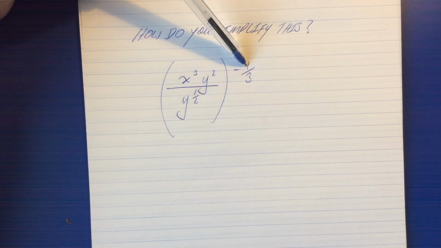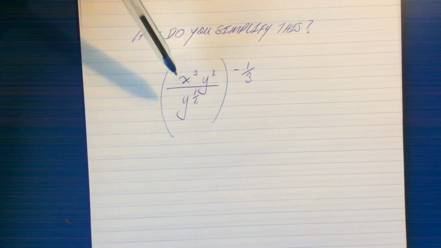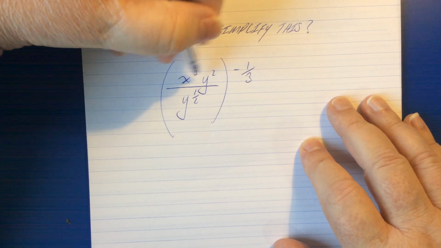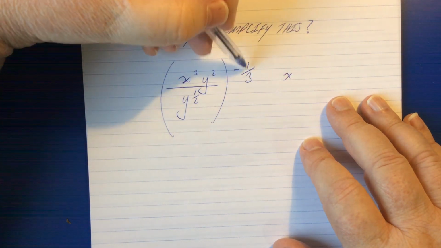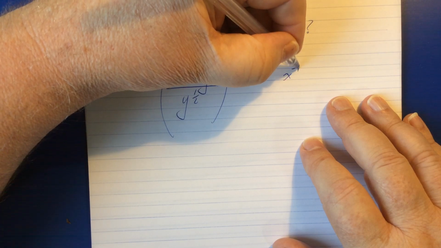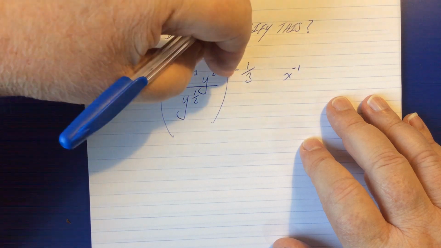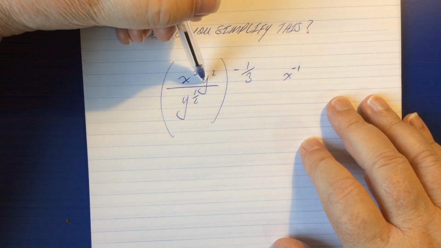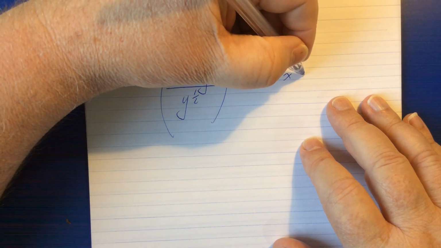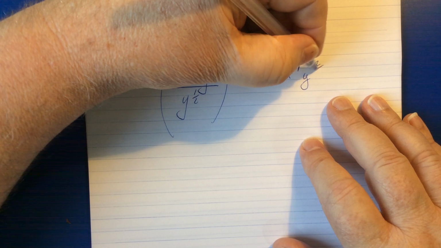The first thing we're going to do is get this out of the bracket by multiplying through by negative 1/3. So negative 1/3 times 3 is negative 1. So 1/3 of 3 is 1, and this is negative, so it's negative 1. 2 times negative 1/3 is negative 2/3.